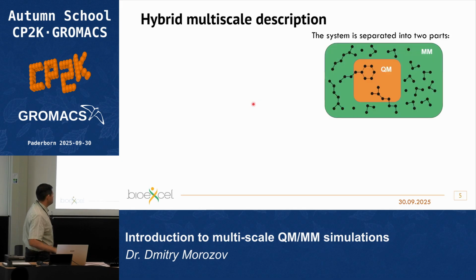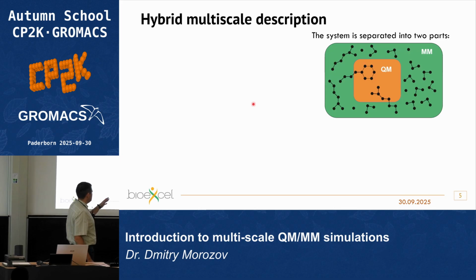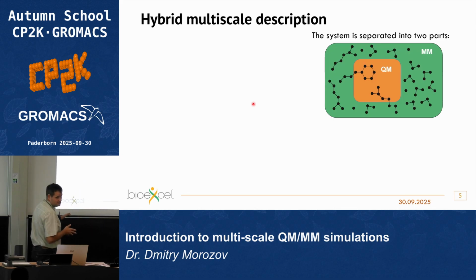So how is it supposed to be done? Basically, you separate your system into two parts. One part, which is green here, is calculated with classical force fields. The smaller part, where all the interesting physics or chemistry happens, you try to calculate with quantum mechanics, with DFT, for example.